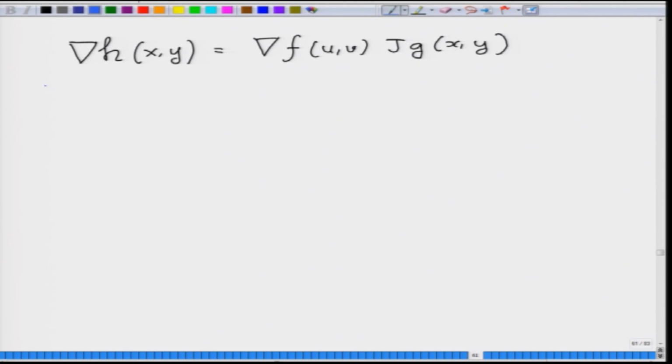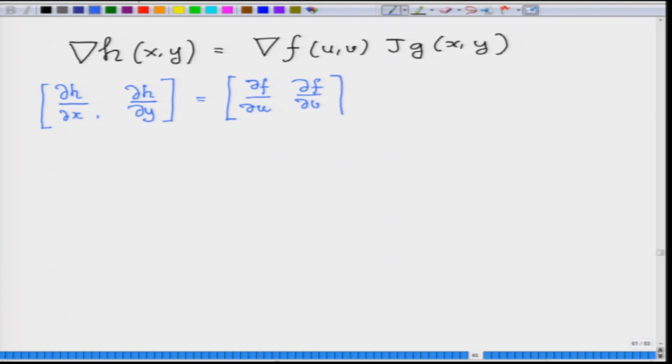So, grad of h of xy is del h del x, all evaluated at a given point where you are computing, and del h del y. So, these are two components. Here I have del f del u, del f del v, and now I am multiplying by the Jacobian matrix.